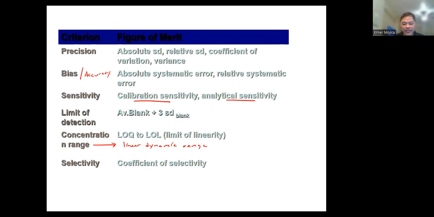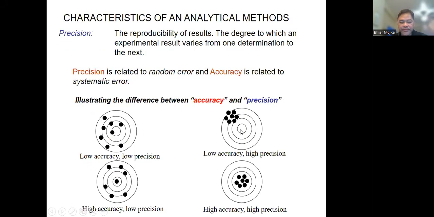Okay, so if we're going to look at this, what we call, we can go on them one by one. So we go with precision. So precision is just what?